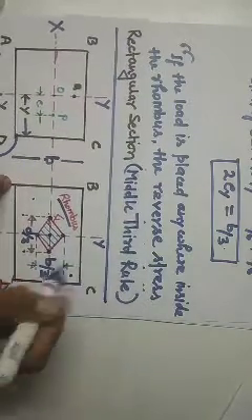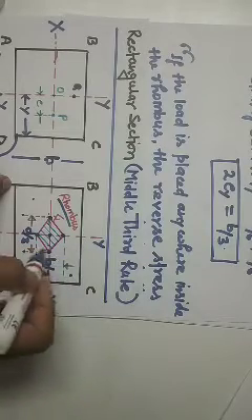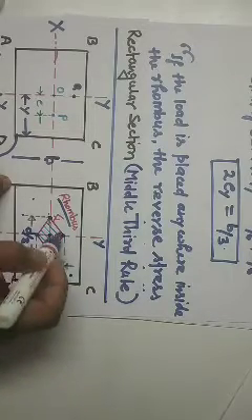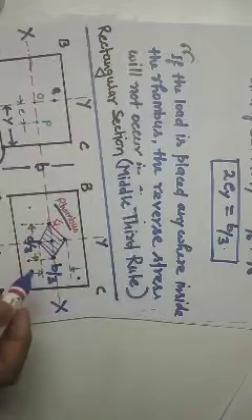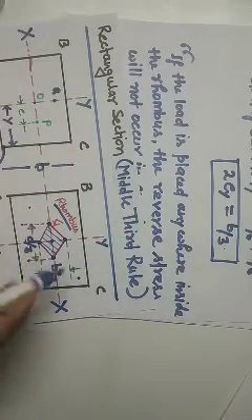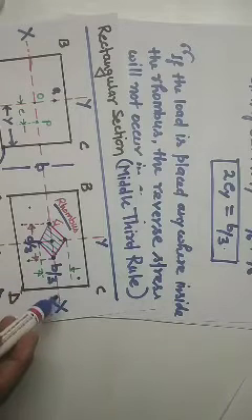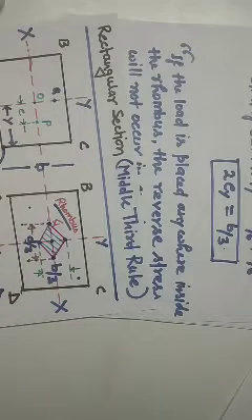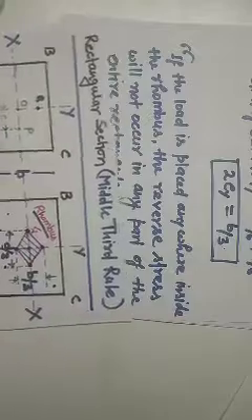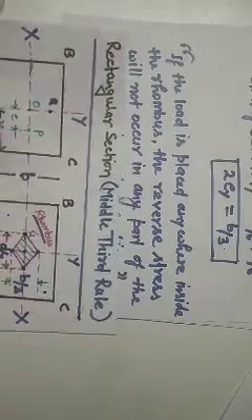Because this rhombus lies in the middle third of this area, the middle third of dimensions B and D, it is also known as the middle third rule. Clear?